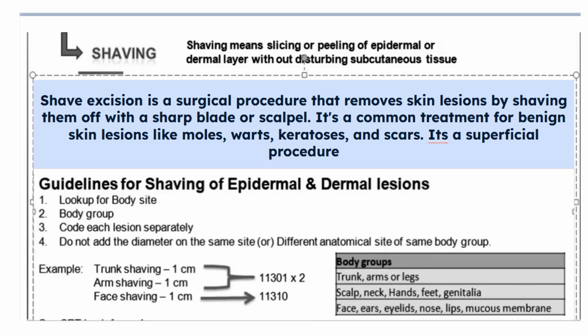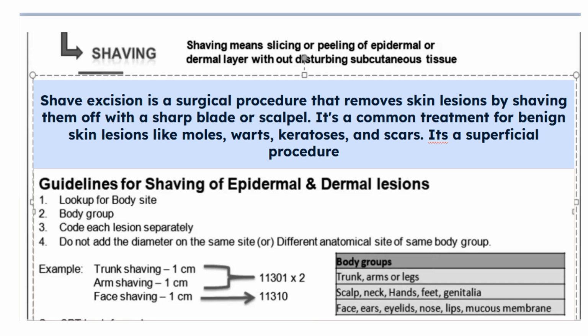Suppose we have done the shaving of one lesion of 1 centimeter on the trunk, then the shaving of the arm 1 centimeter, and the face. Now here, the face is here, and the trunk and arm are in the same body group. So can I add them?